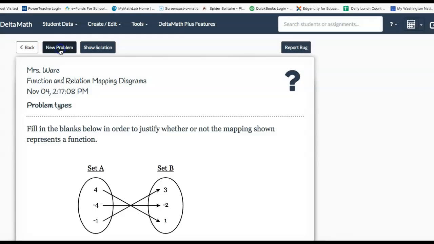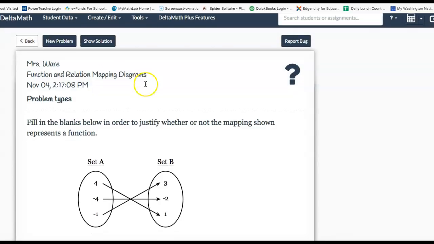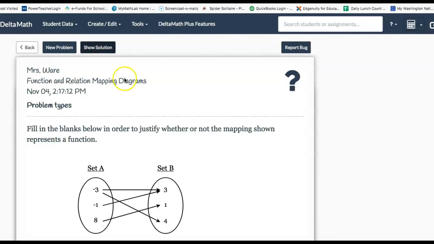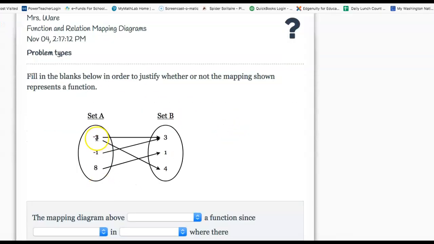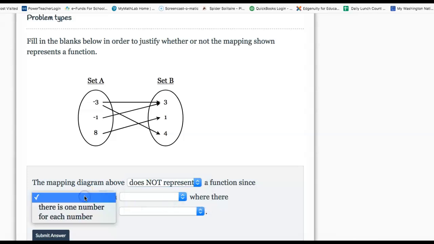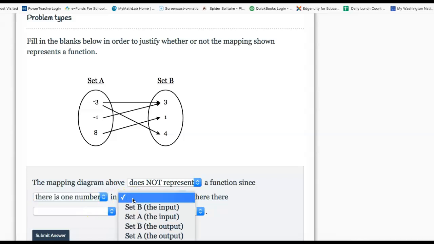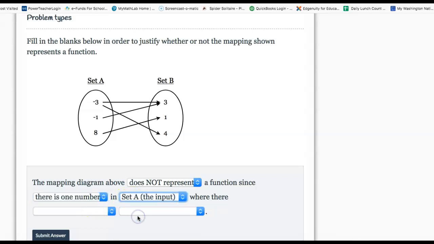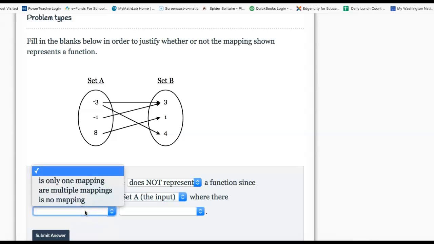Okay, so let's do another problem. Let's find one that's not. Okay, you see how this one has a -3 going to 3 and also has -3 going to 4? That's not a function. So it does not represent a function since there is one number in set A, the input, where there are multiple mappings.